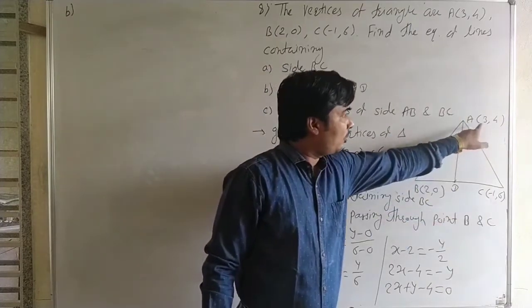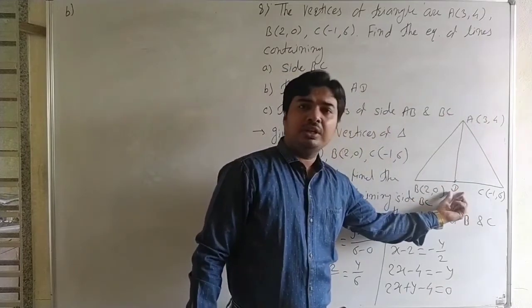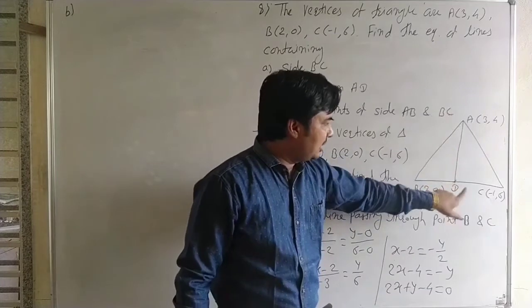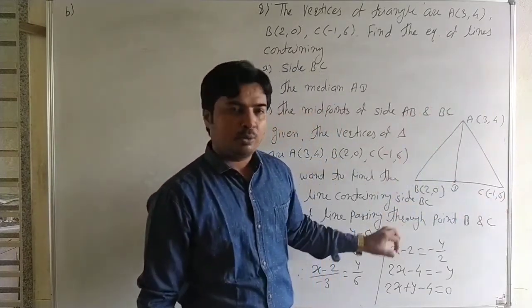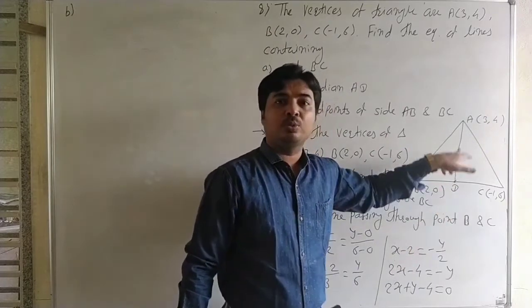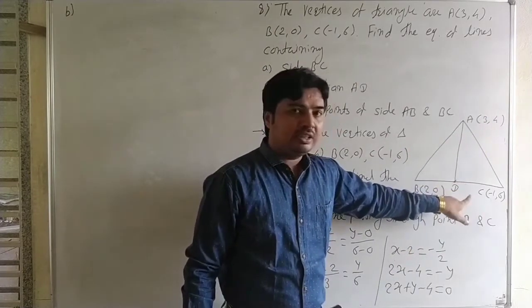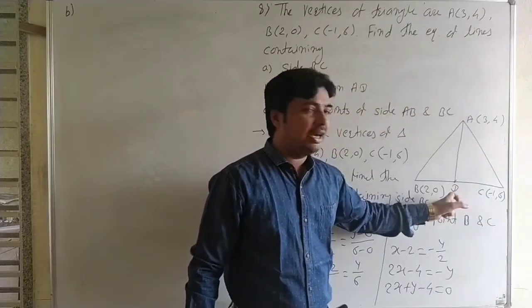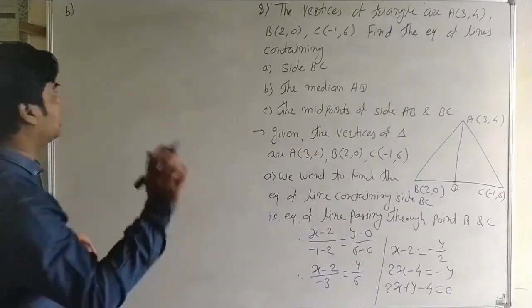The coordinates of point A are given, but we don't know the coordinates of point D. But AD is a median, that is D is the midpoint of BC. Then by the midpoint formula we find the coordinates of point D. We know the coordinates of points A and D, then we find the equation of the line passing through 2 points. Okay, see carefully.